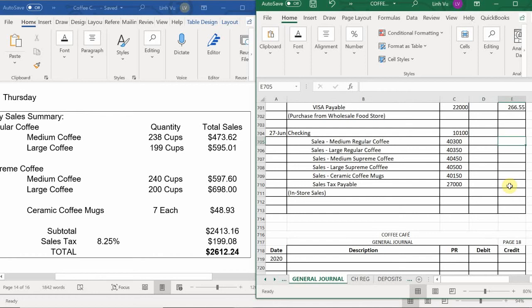For our medium coffee, we're going to put in a credit of $473.62. Our sales large coffee is $595.01. Our supreme medium is $597.60.